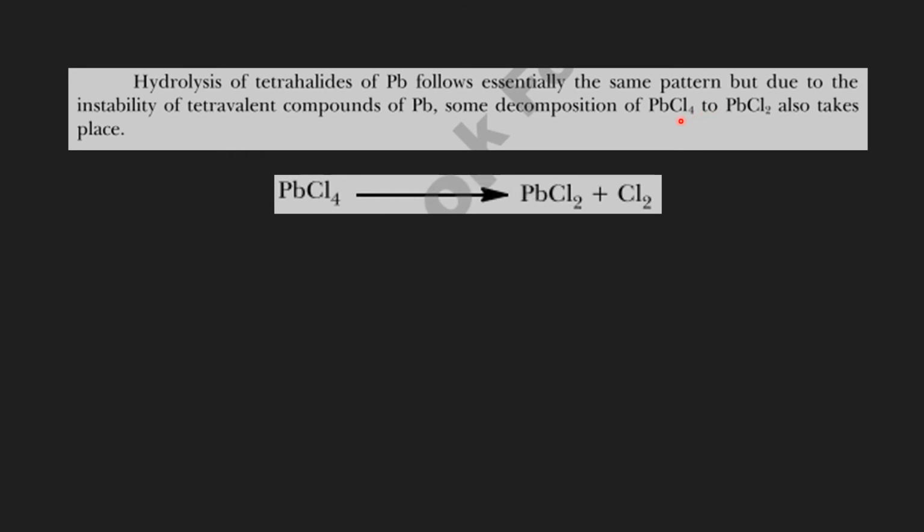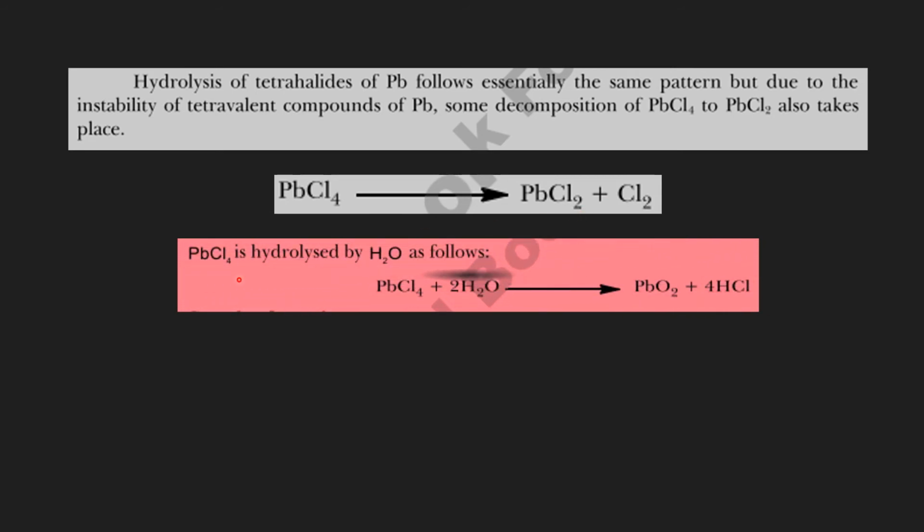As the +4 oxidation state is not stable for lead, that is the reason the tetrahalide will readily decompose into +2 oxidation state compounds. So lead chloride is hydrolyzed by the water molecule, and it will change into lead oxide. Instead of the hydroxy group being attached there, this lead tetrachloride will change into lead oxide.